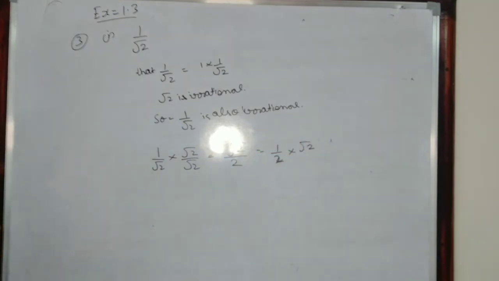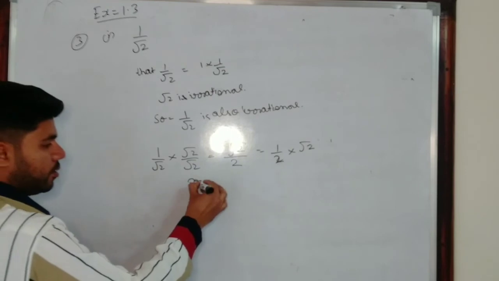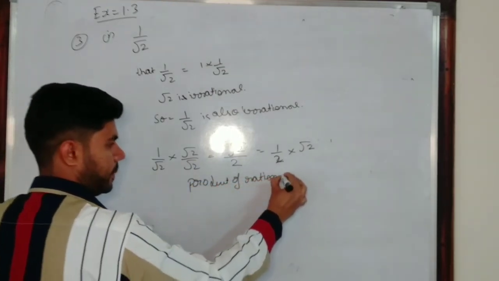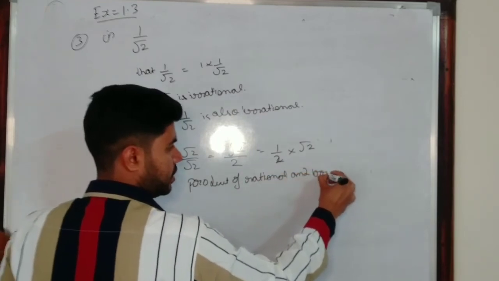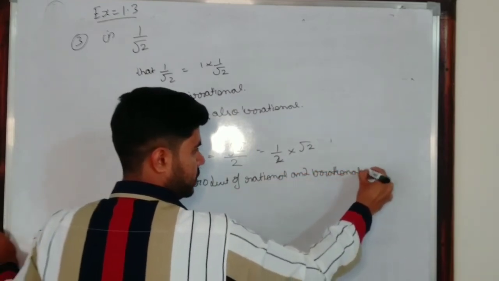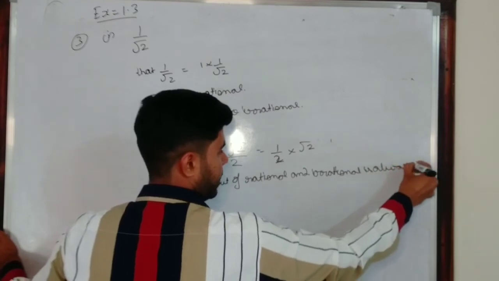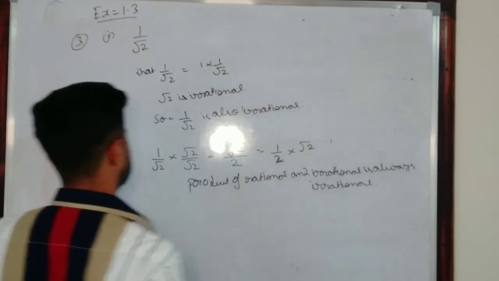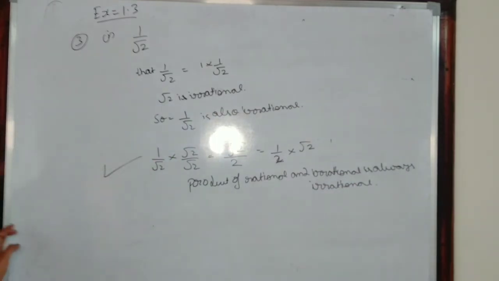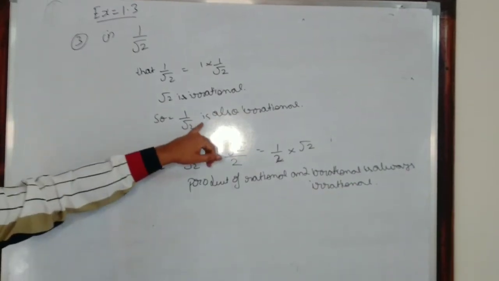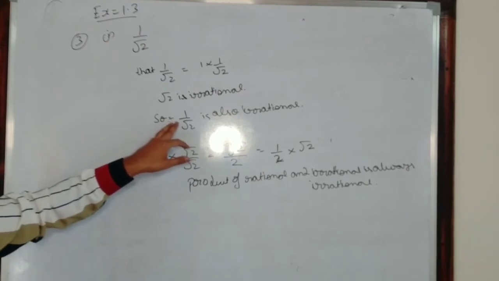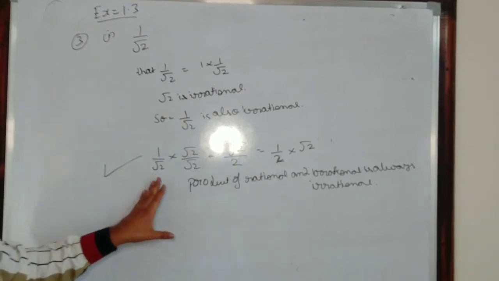The product of a rational and an irrational is always irrational. You can do this in both ways, but I prefer this one because sometimes we cannot write root 2 in the denominator. Some teachers mark that as the wrong way of writing, so go with this one.